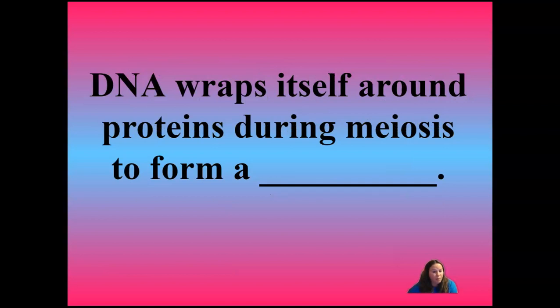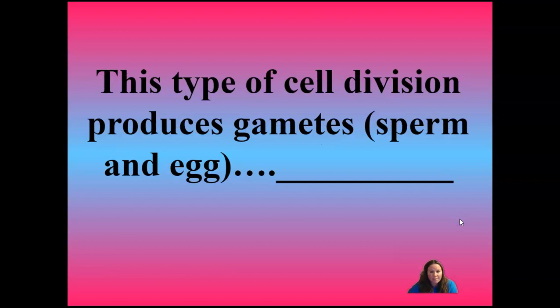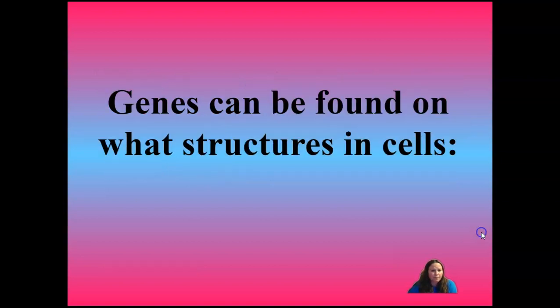DNA wraps itself around proteins during meiosis to form a what? Answer is chromosome. This type of cell division produces gametes, or the sperm and egg. Answer is meiosis, or some people call it meiosis.